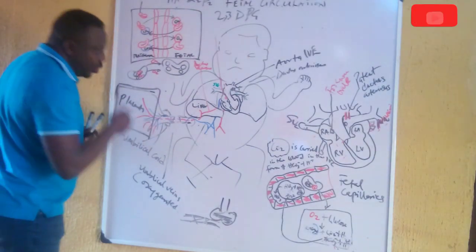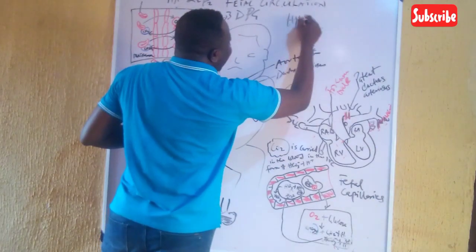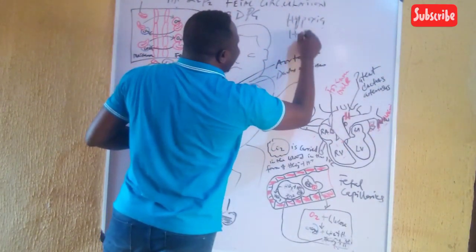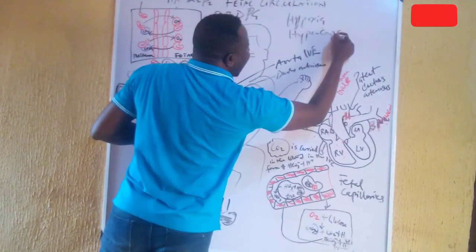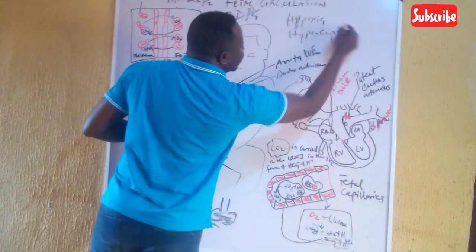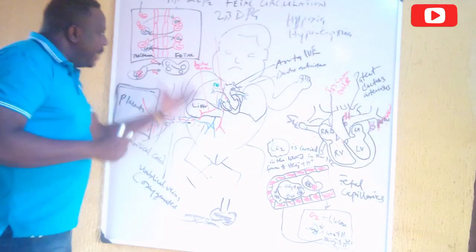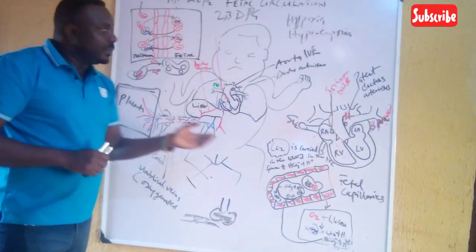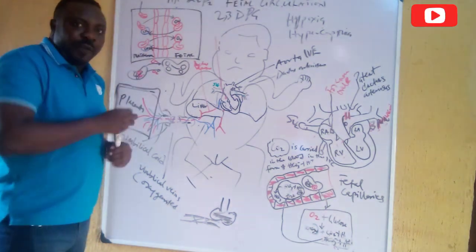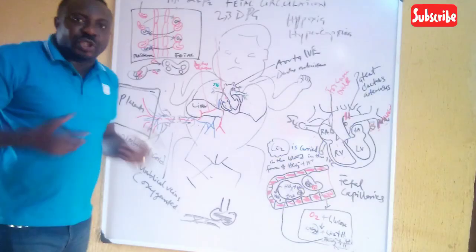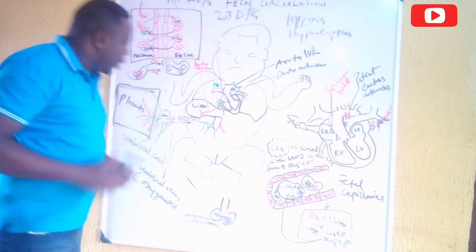And when that blood is cut off, of course, hypoxia and hypercapnia become the resultant effect. So when the baby becomes hypoxic, then there will be a strong stimulation of the respiratory centers of the baby. And so the baby will take the first gasp and respiration will occur.